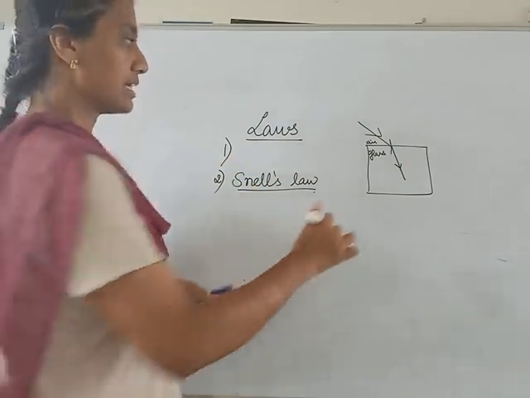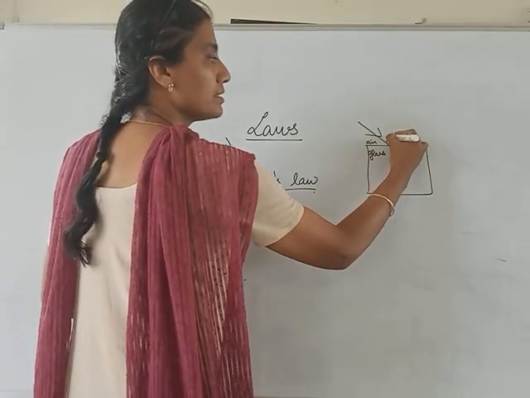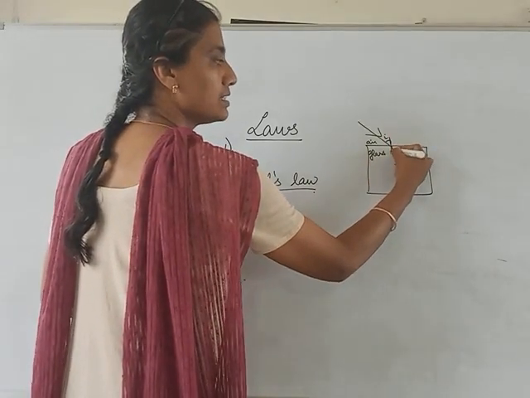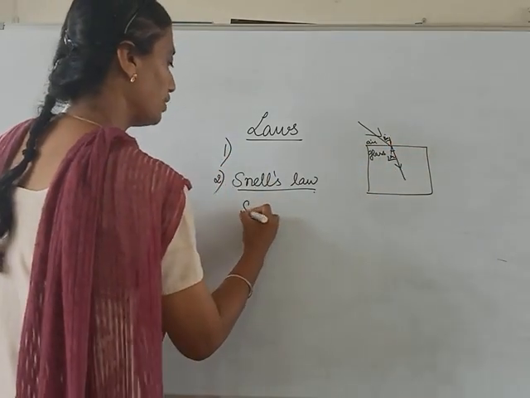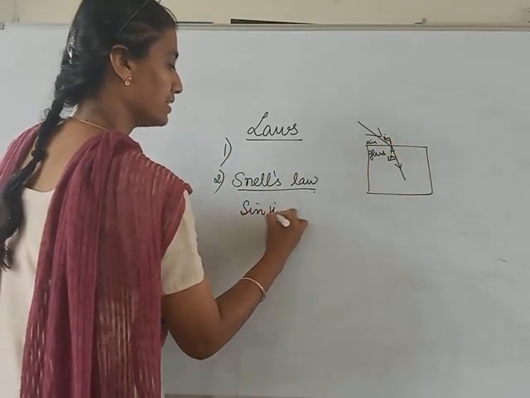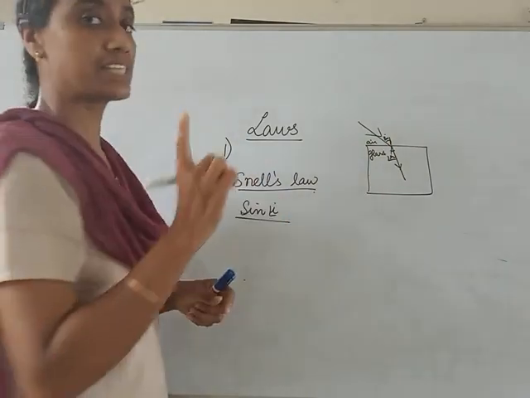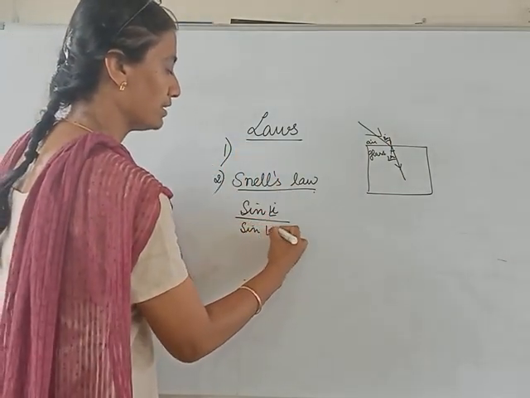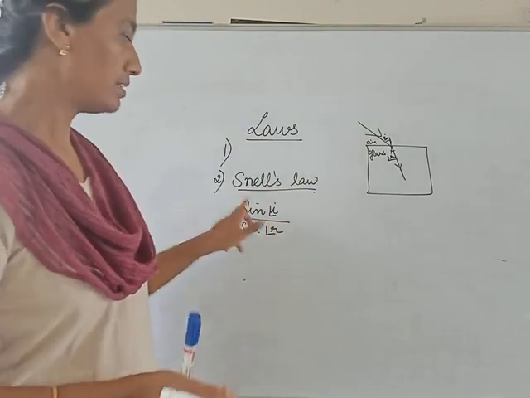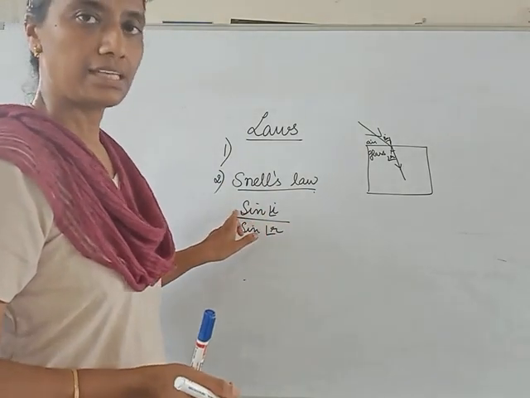The second law says, okay, I told you this is angle of incidence and this is angle of refraction. Now, the ratio of sine of angle of incidence to sine of angle of refraction. You all have studied this trigonometric ratio sine, okay.